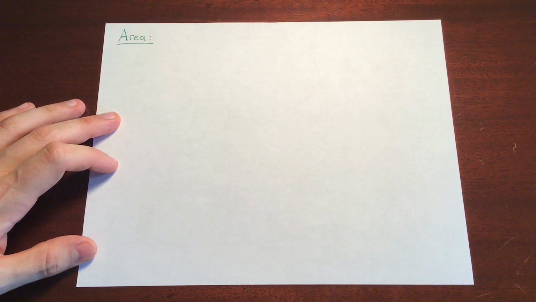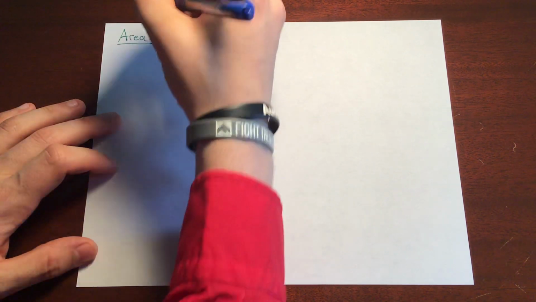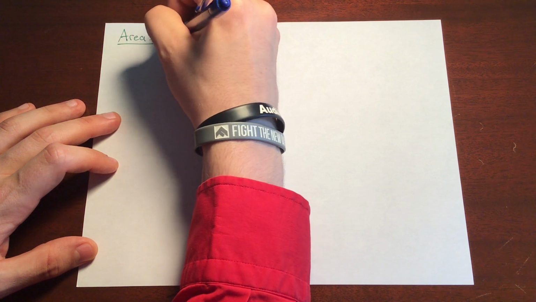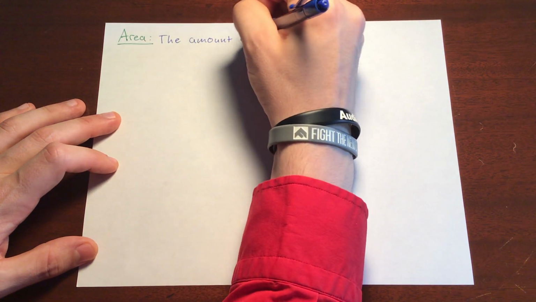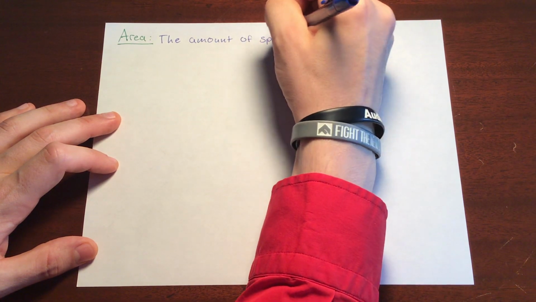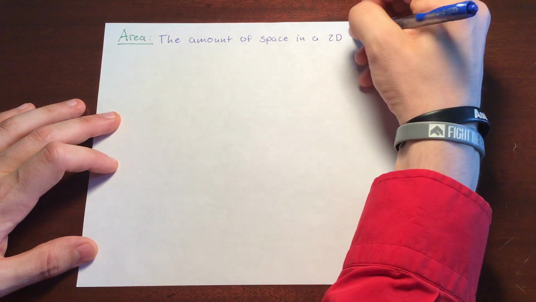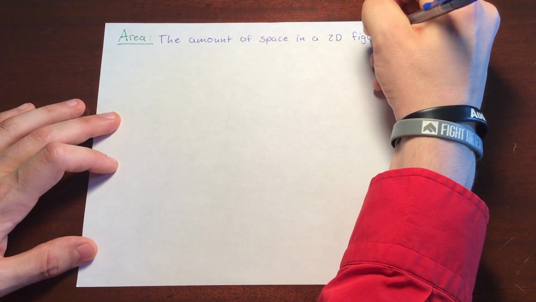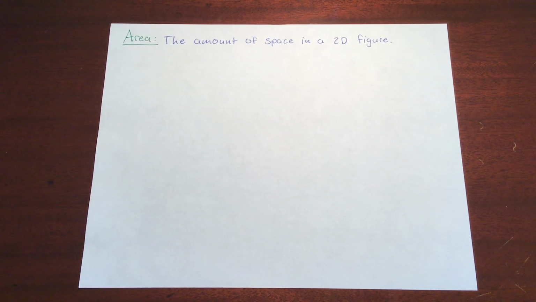So, we're going to give a formal definition to area, and that is, area is the amount of space in a two-dimensional 2D figure. The amount of space in a 2D figure.